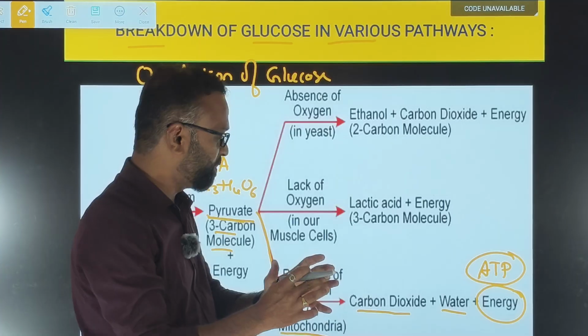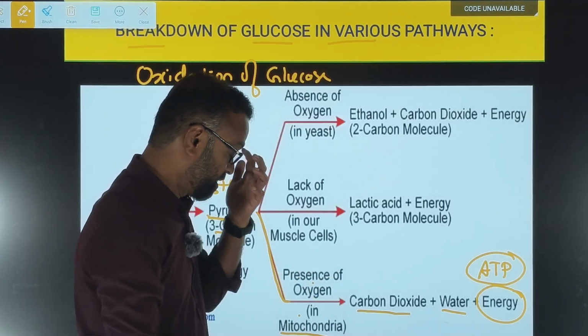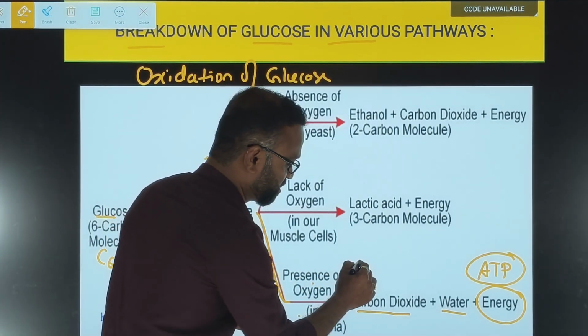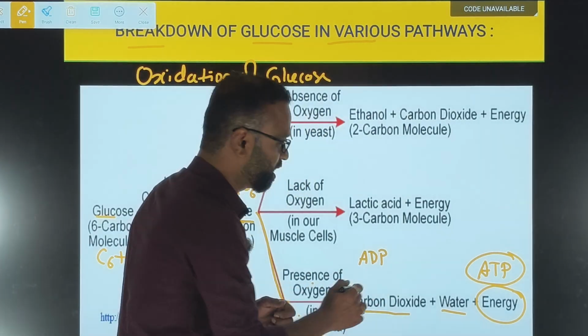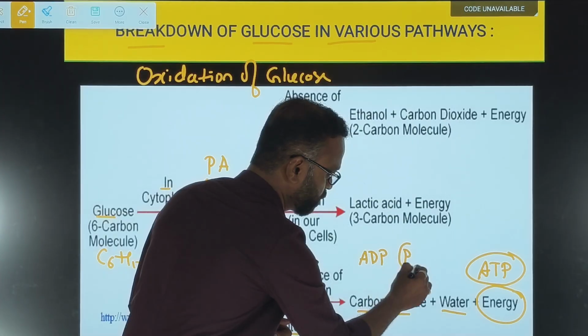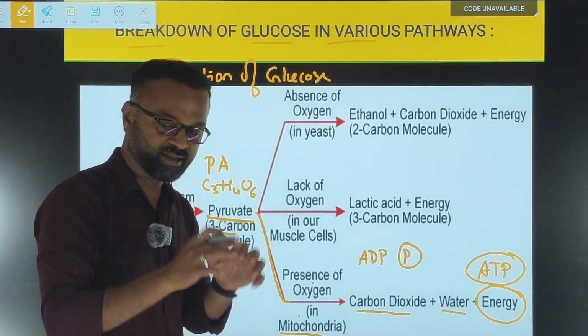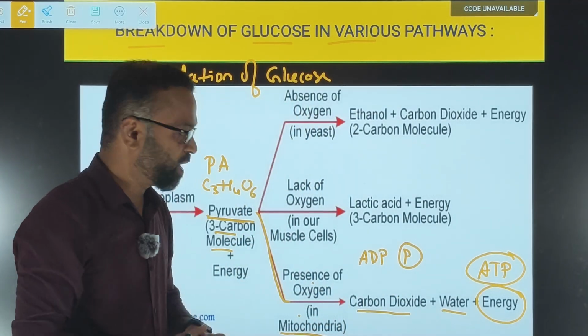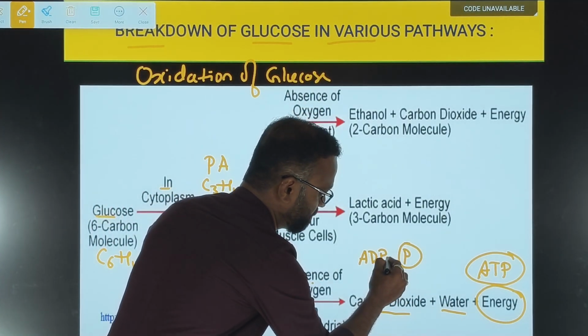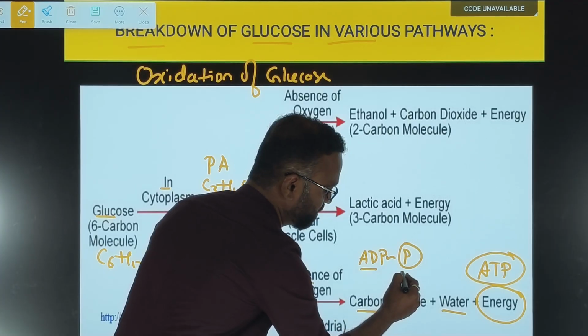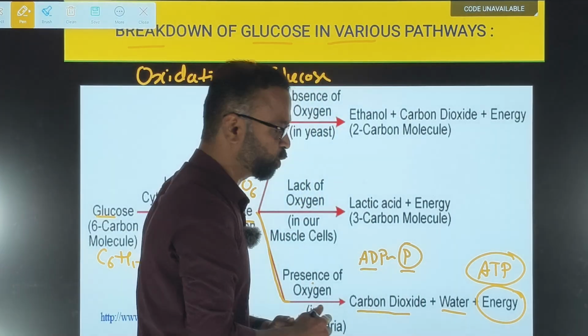What exactly is happening over here? If you try to understand this concept, see, in each and every cell of the body, adenosine diphosphate molecules will be there, and also free moving phosphate groups. Whenever the energy is released, this energy will form the bond between the diphosphate molecule and the single phosphate molecule.